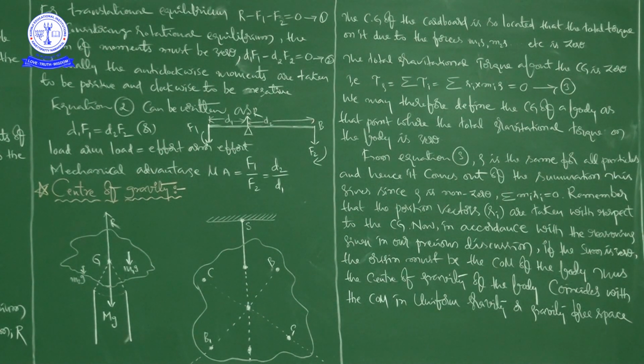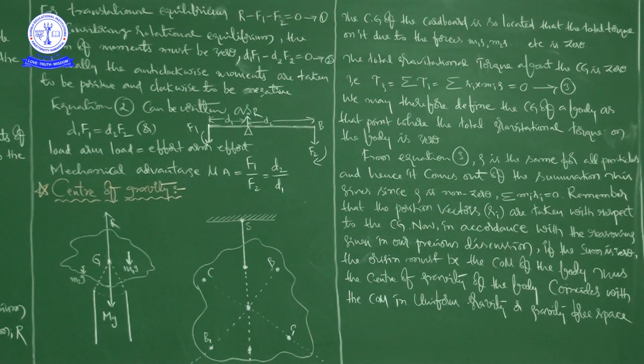So generally, what I told you, center of gravity means the imaginary point where the total weight of an object is supposed to be concentrated. Here you can say it is the point where the total gravitational torque on the body is 0. From this equation, g is the same for all particles, and hence it comes out of the summation.